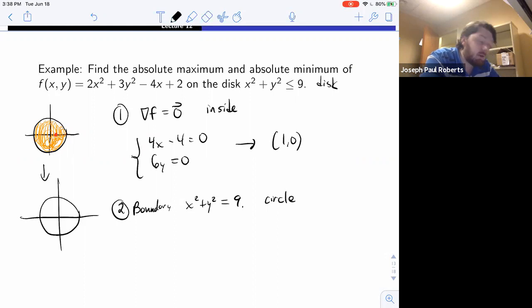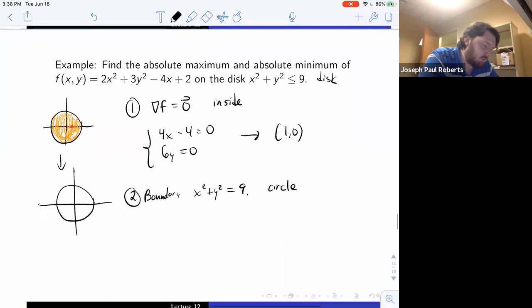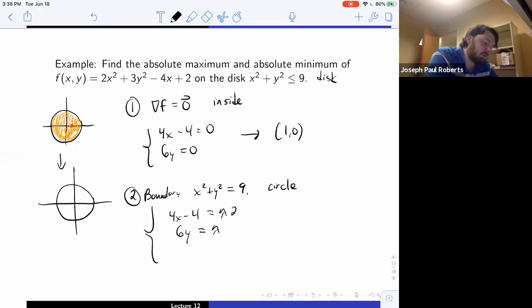And so you could do what we did yesterday: break it into 2 pieces, or you could parameterize using t and do 3 cosine t, 3 sine t, and get f in terms of t. So it's up to you, but if we tie together what we've been talking about more recently, the Lagrange multipliers, that's when you would set up gradient f, so (4x minus 4, 6y), equals lambda times gradient g. That's your g of x, y.